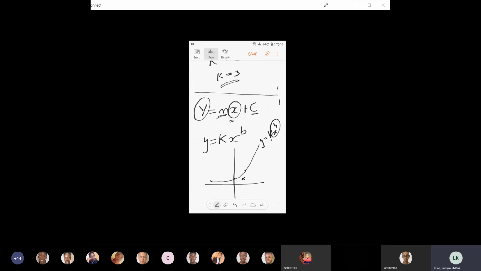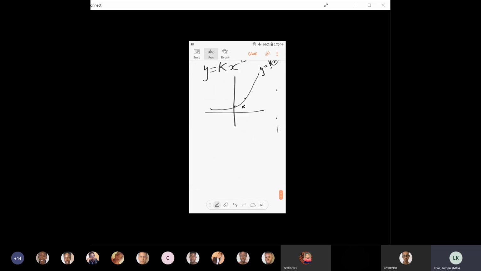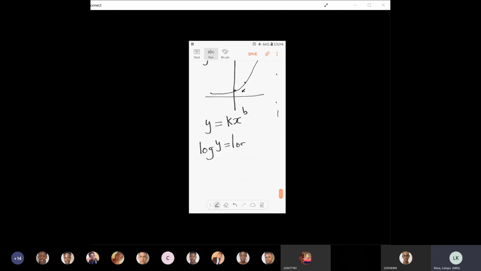Now we can transform this into something that looks like a straight line, and we do that by taking logarithms on both sides. So I have y is equal to k x to the power of b. Now if I take log on both sides, I have log y equal to log of kx^b, and then I can use my laws of exponents.